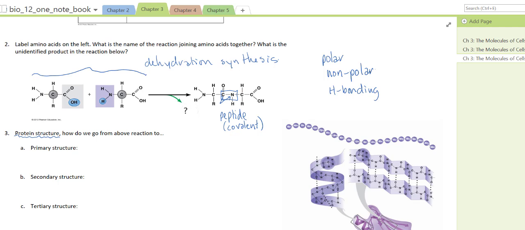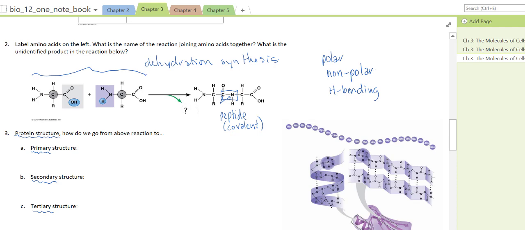There are four levels of structure to a protein, and they are named accordingly: primary being the first, secondary, second, tertiary, third level, and quaternary is the fourth level of structure to a protein.